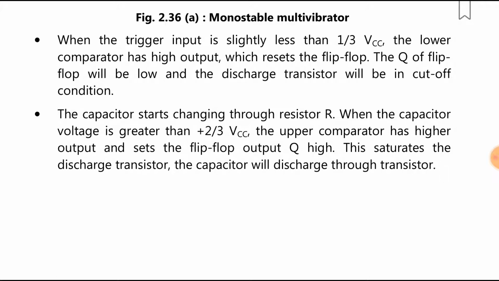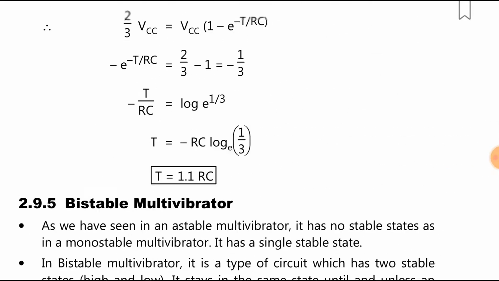The Q of the flip flop will be low and the discharge transistor will be in cutoff condition. The capacitor starts charging through resistor R. When the capacitor voltage is greater than 2/3 VCC, the upper comparator has a high output and sets the flip flop output Q high. This saturates the discharge transistor. The capacitor will discharge through the transistor.